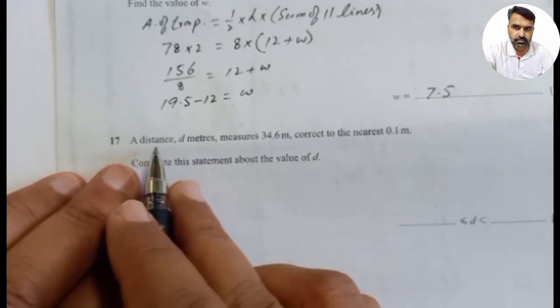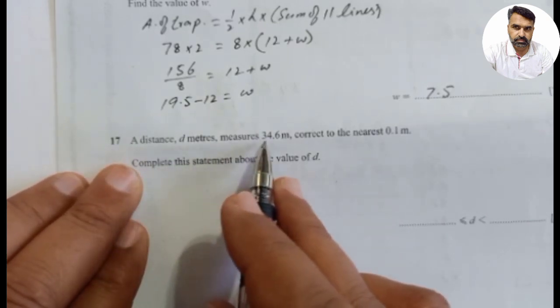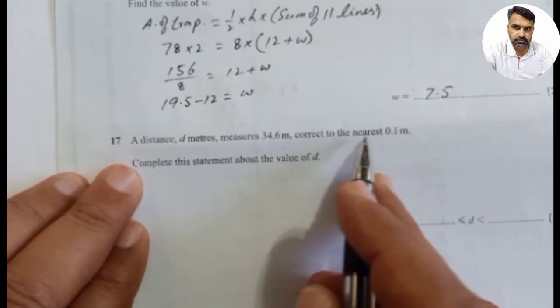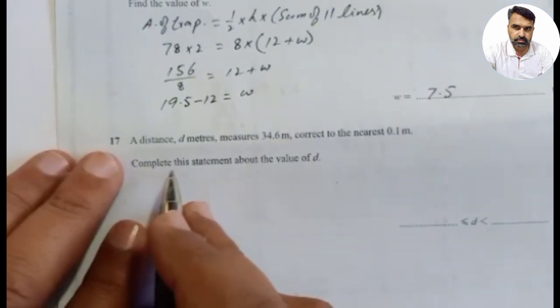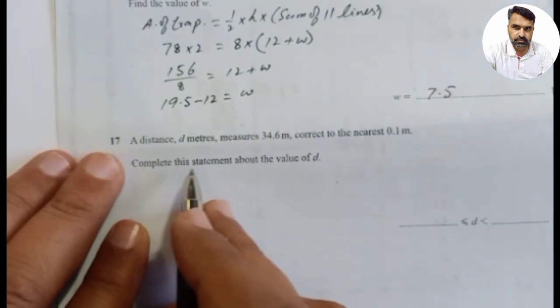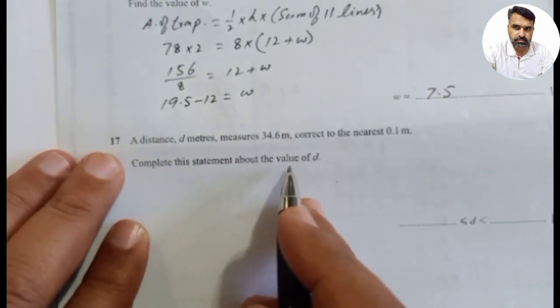Next students, the distance d meter measures 34.6 meter correct to 0.1 meter. Complete this statement about the value of d.